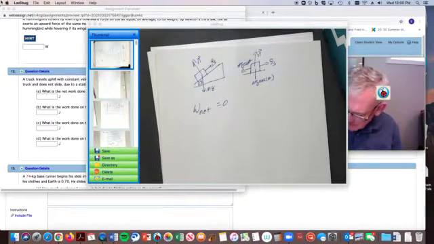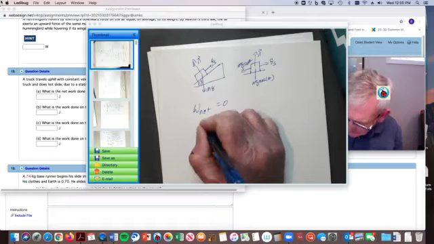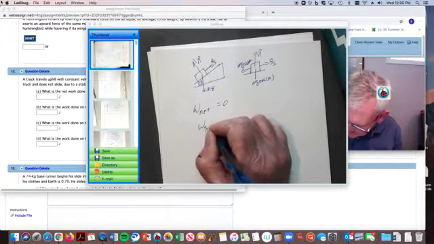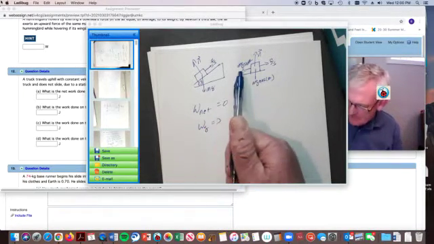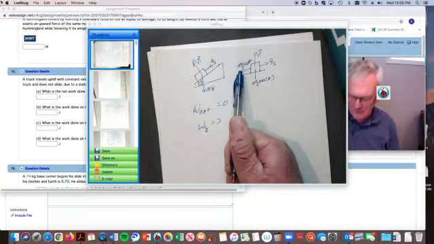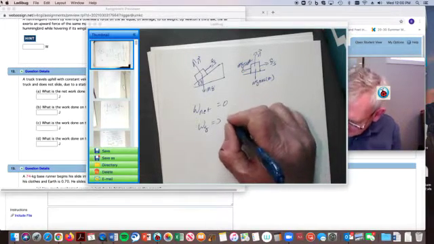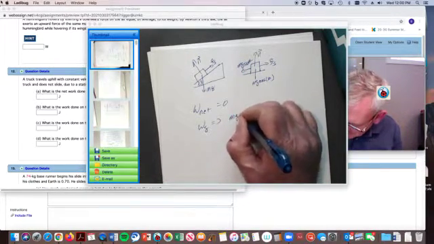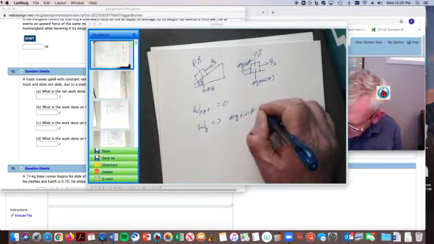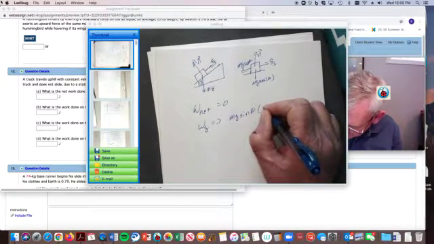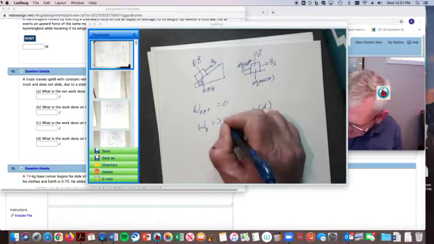The work done by gravity, meaning this component of gravity, would be mg sine theta times the distance, but that's negative.